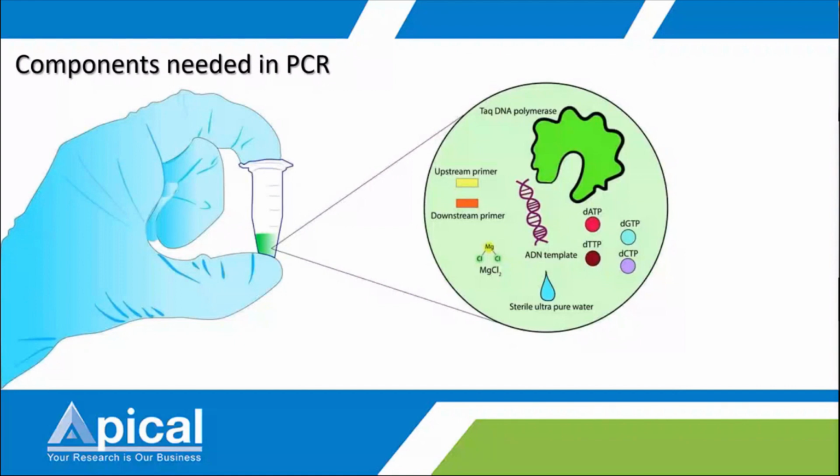You will need the forward and reverse primer, and then the DNA template. You will need the dNTP, which is the nucleotide block, and also the reaction buffer and water, and certainly the DNA polymerase. It is the most essential component among all these components.